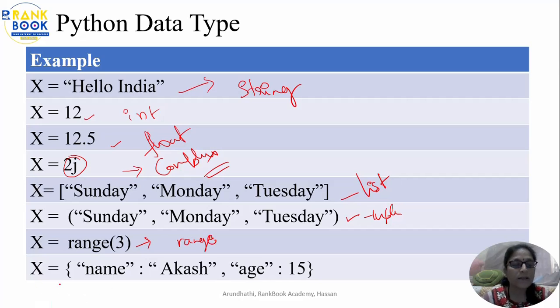In the next example, we can observe a different representation, that means name is Akash, and age is the value 15, which is nothing but the representation of dictionary.